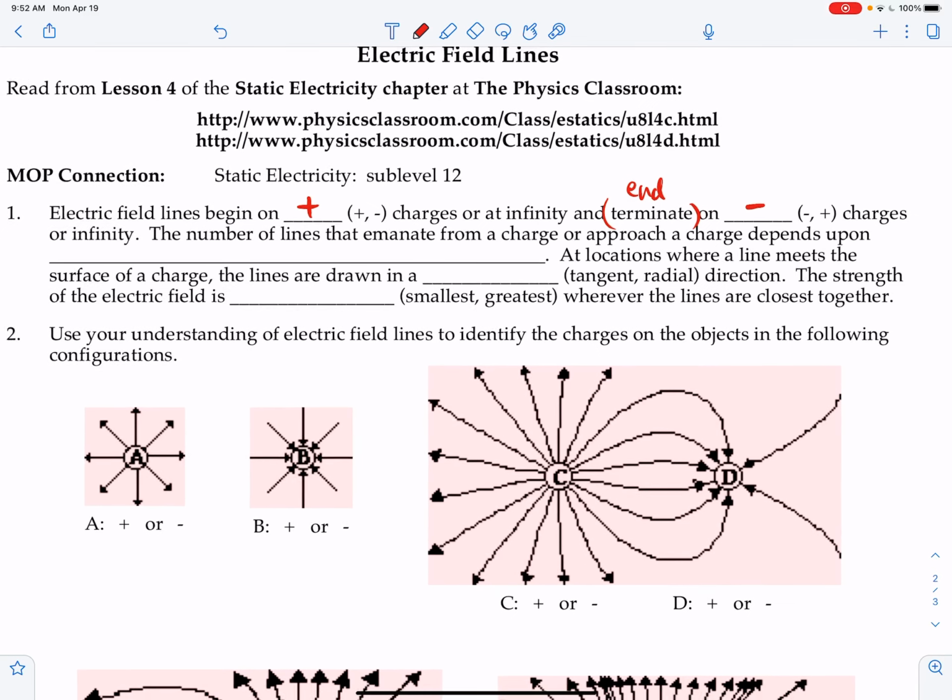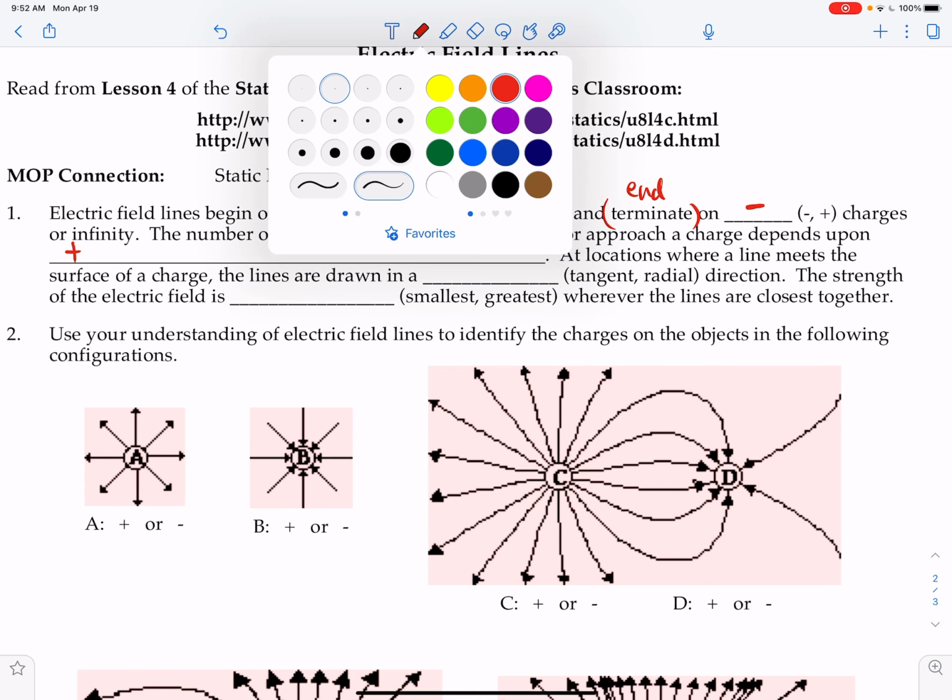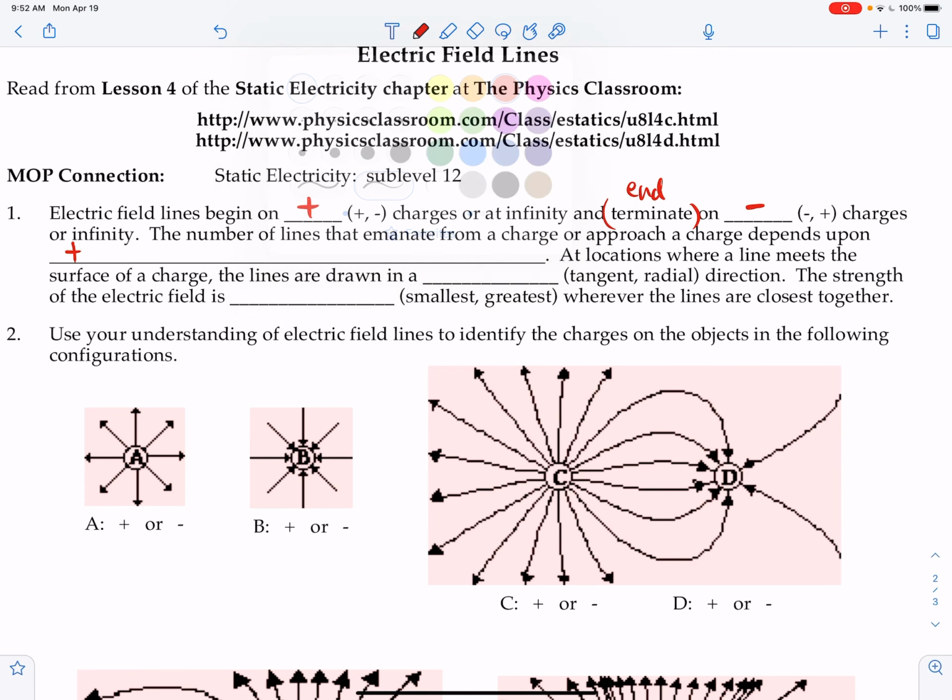The number of lines, and this is new, that emanate from a charge or approach a charge depends upon the strength of that charge, or better put, the quantity of charge.